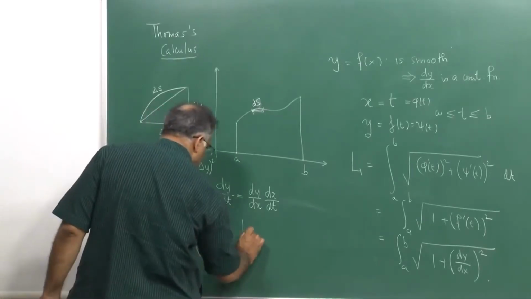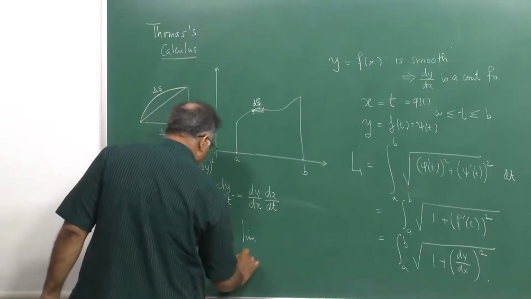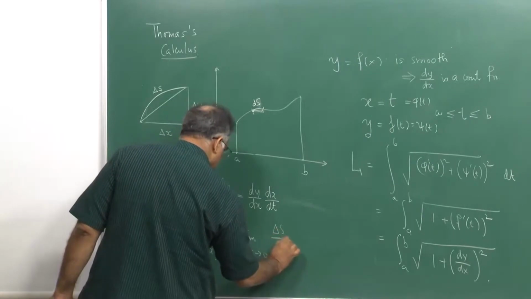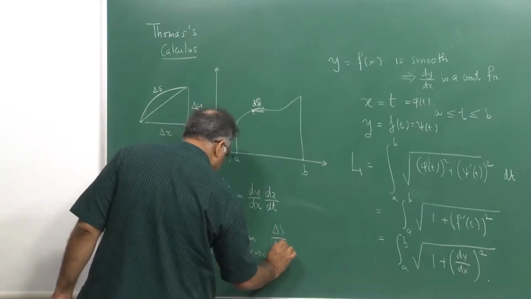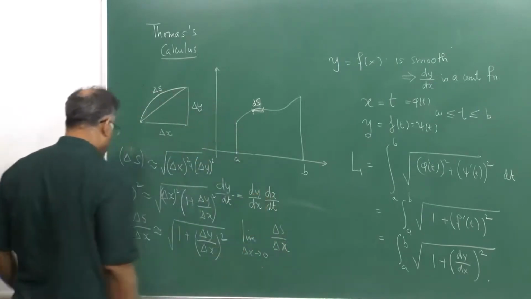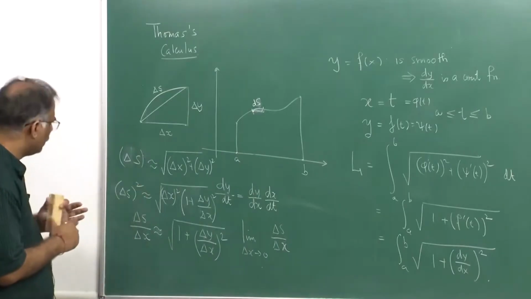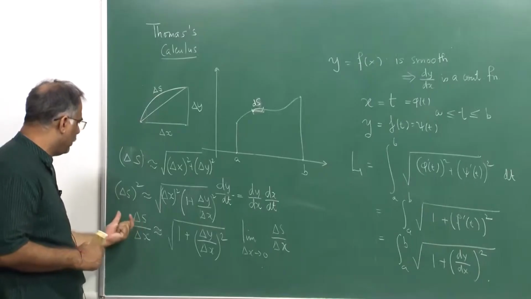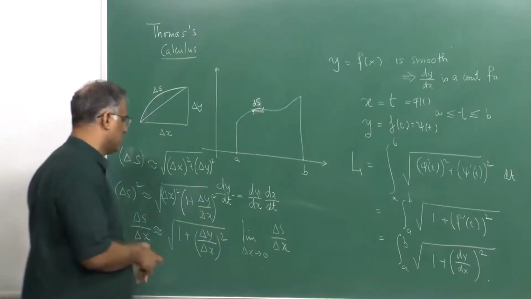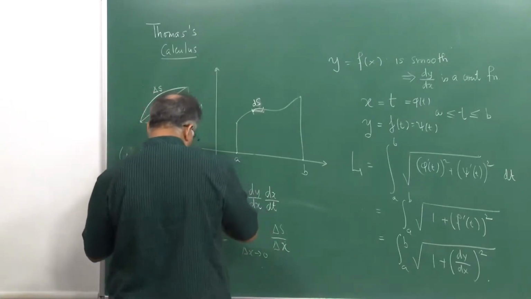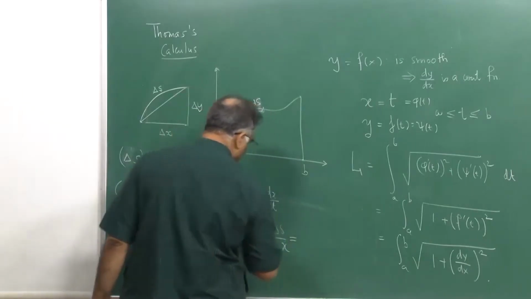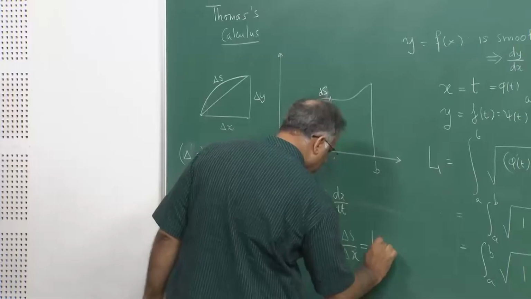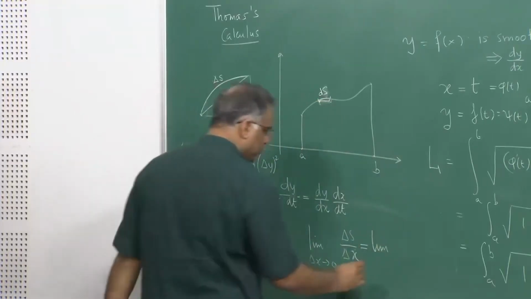So, in the limit as del x tends to 0, the hypotenuse length almost approaches the actual length of del s. So, in the limit the lengths coincide, and in the limiting form they are the same.